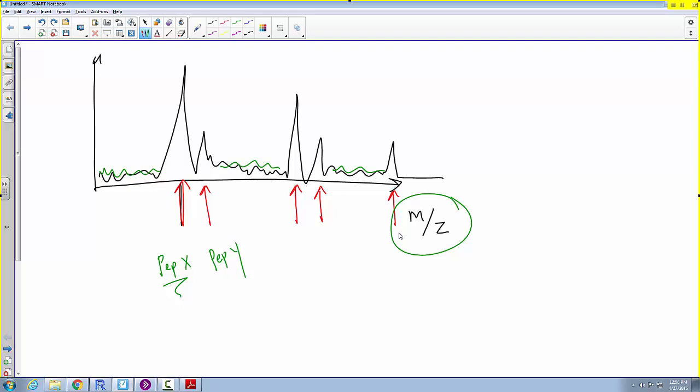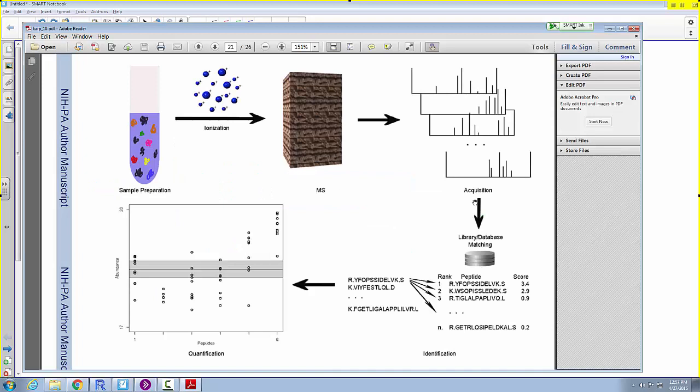Rabbit has this genome, has these proteins. In theory, if you ionize and do mass spec on those proteins, you would expect peaks like such and such because of the composition of that protein. So back here in the picture, we take our raw biological material and extract the proteins.